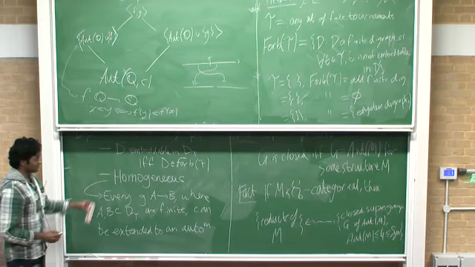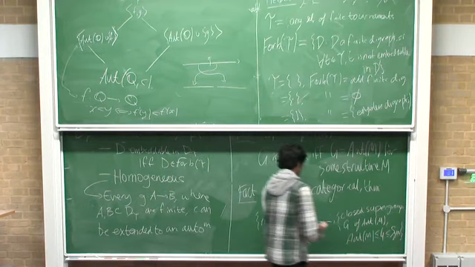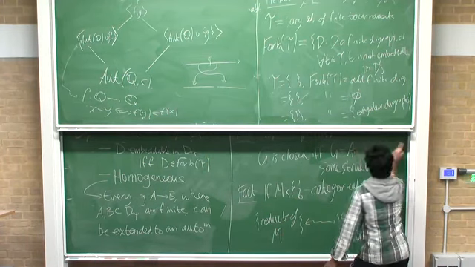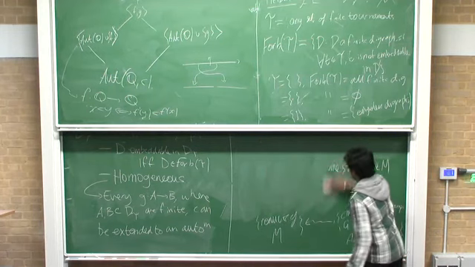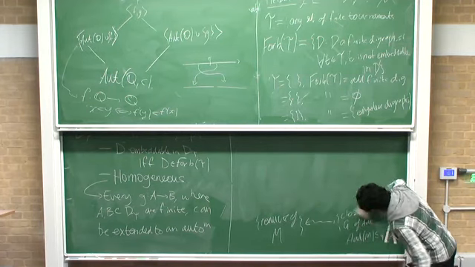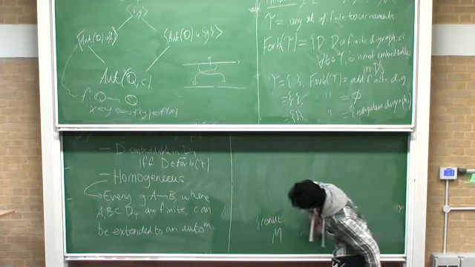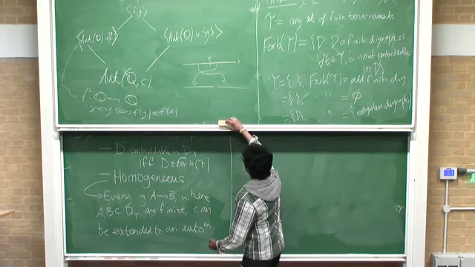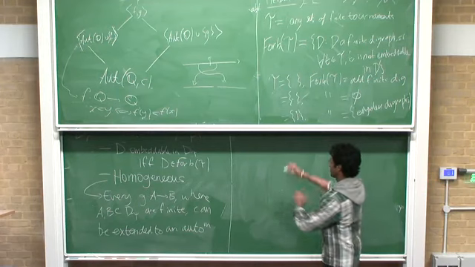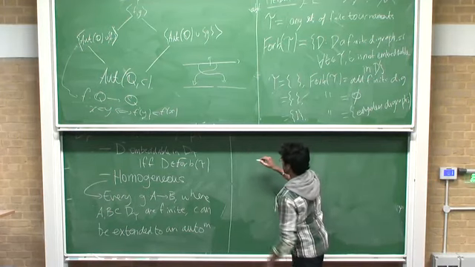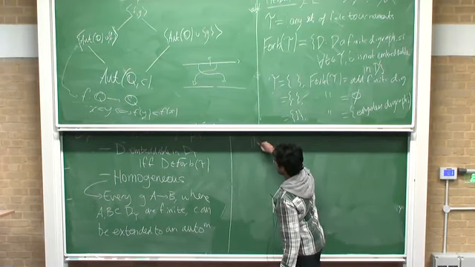If you've never seen homogeneous before, maybe a quick couple of examples to give you a bit of intuition. So actually non-examples. The first non-example will be just N with a linear order.